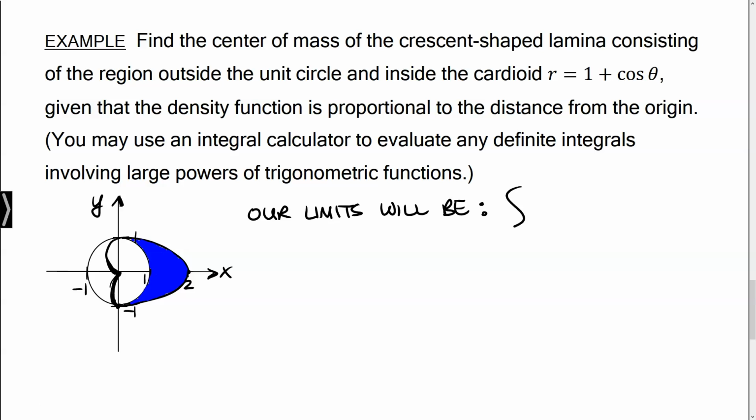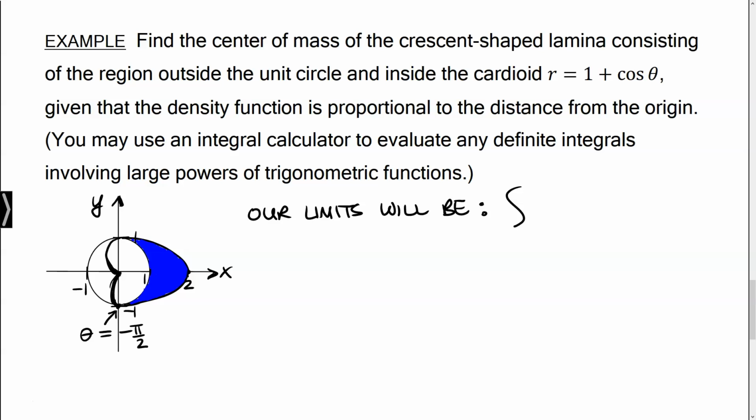Okay, so it's going to be the integral from, what we want to do is start off down here, and that's going to be at theta equals minus pi over 2. We want to get this all in one sweep. So we're going to go from minus pi over 2, which is going to give us radius 1, all the way to 0, radius 2, and then to pi over 2, where it would give us radius 1 again.